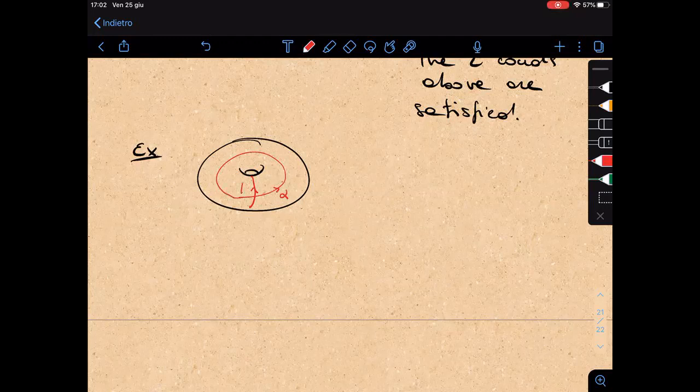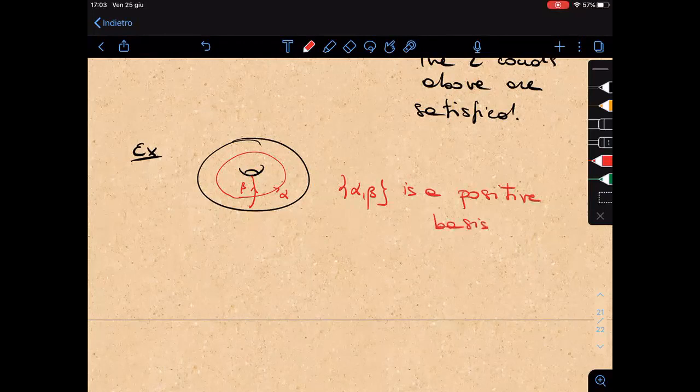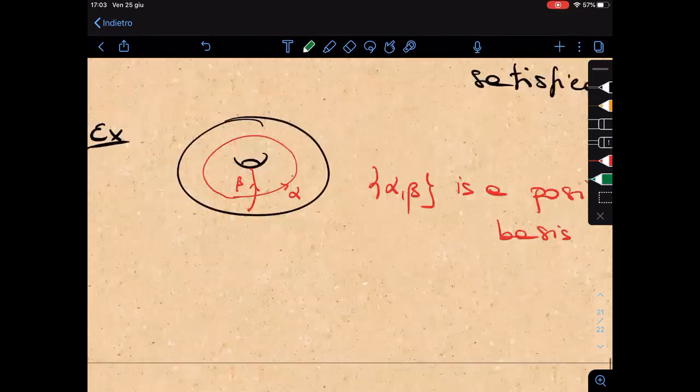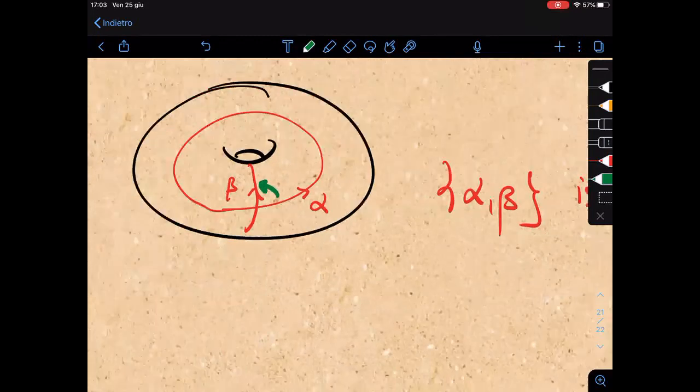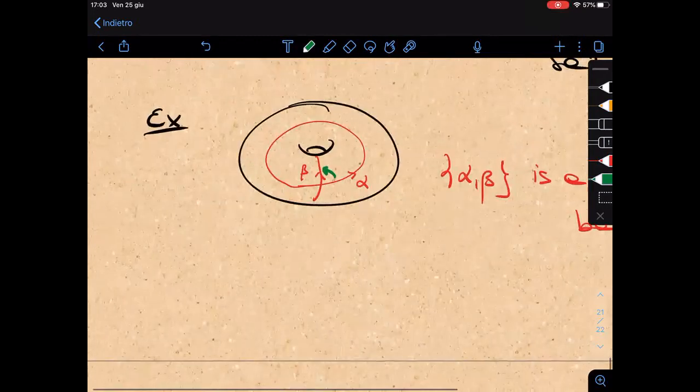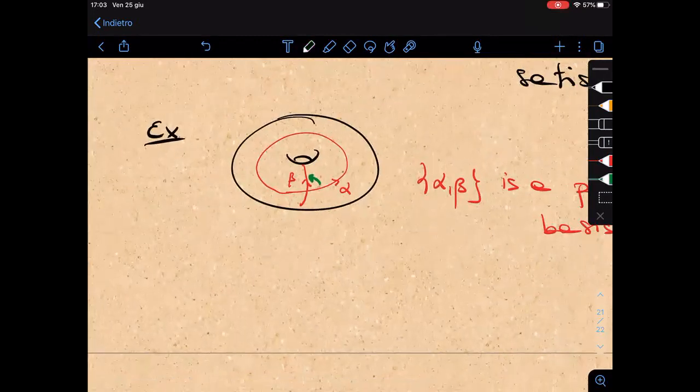These are an ordered symplectic basis, so we have alpha, beta is a positive basis. This means that if you look at the angle, we are going counterclockwise. Well, this is my topological surface.